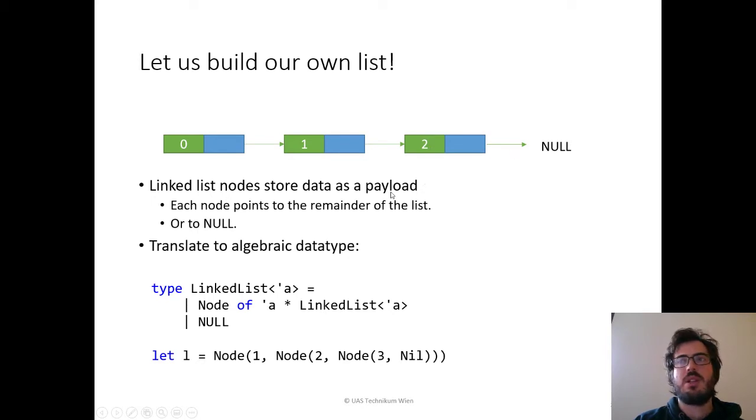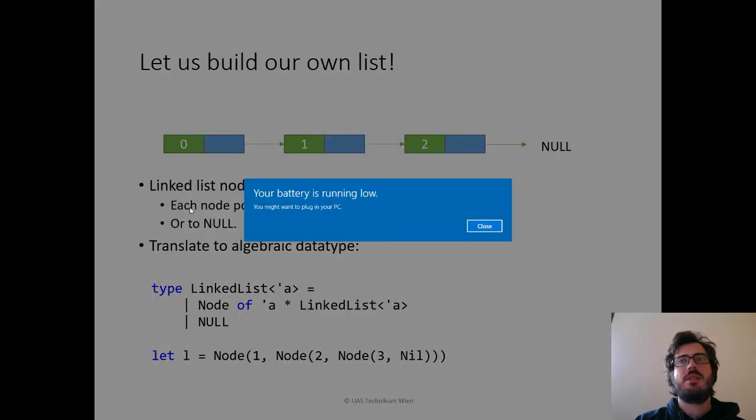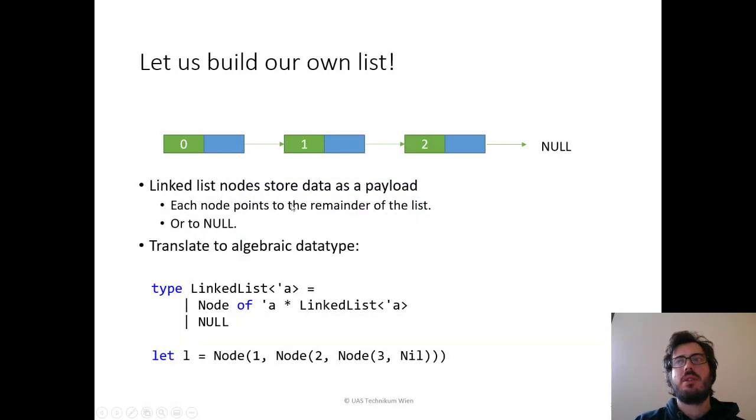This is like we do it in algorithms and data structures. So when we think about this in a structured way, a node has the data as a payload and either points to the remainder of the list or to null.